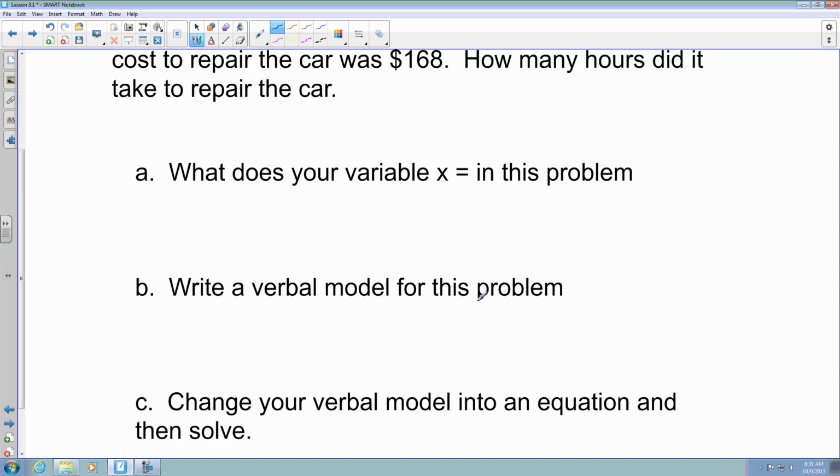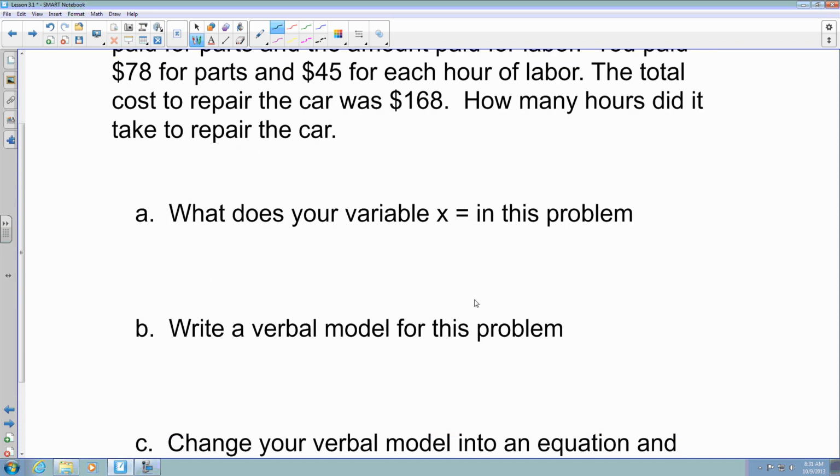So we've got a series of questions that we're looking at. The first section asks us, what does your variable x equal in this problem? Well, it's what we want to solve. And what we want to solve for is how many hours they worked, because we know the total, we know how much the parts cost, and we know how much the hourly wage was.